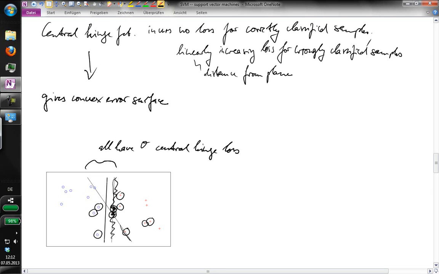This decision surface here intersects with that margin, so we can rule that decision surface out. And if you inflate these margins until just a single solution is left, then you can say that, in some ways, that is a special solution. It's the one solution which has 0 error according to the central hinge loss, but which is furthest from all your training samples.